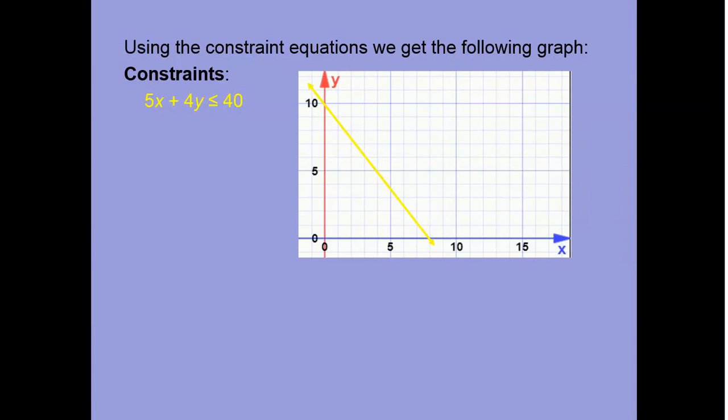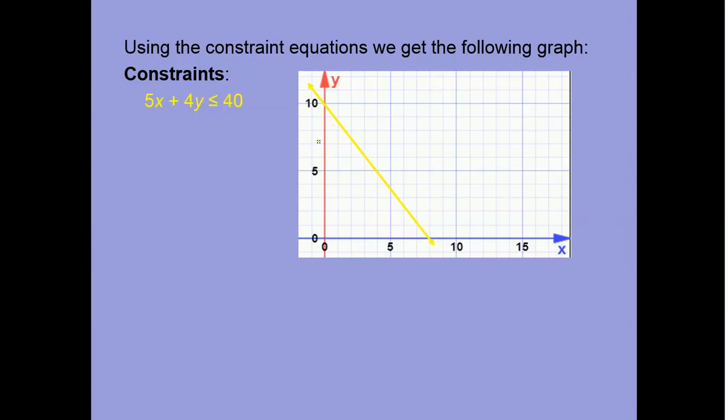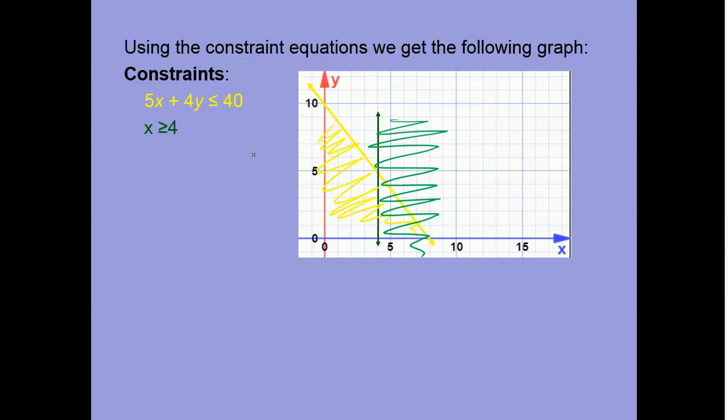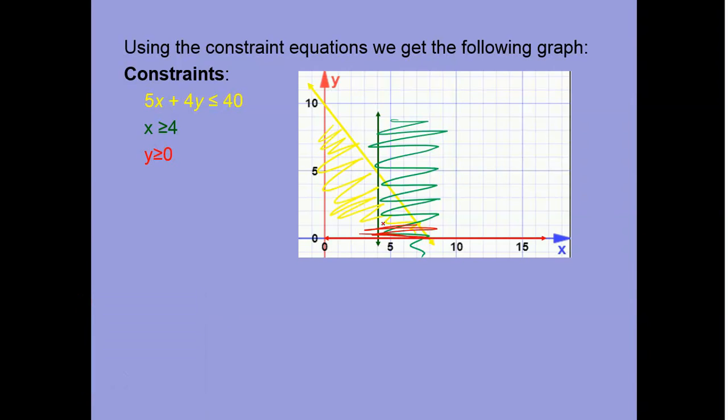And remember, I'm going to shade in this side of it, right? Then, I know x has to be greater than or equal to 4, so I know that I need to be on this side of the line, and I know that y has to be greater than or equal to 0, so I know I need to be on this side of the line.